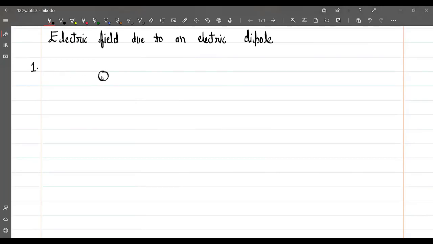So we have two charges, plus Q and minus Q. They are separated by a small distance, let us write it as 2L. And whatever electric field we calculate, we calculate it from the center of the electric dipole.